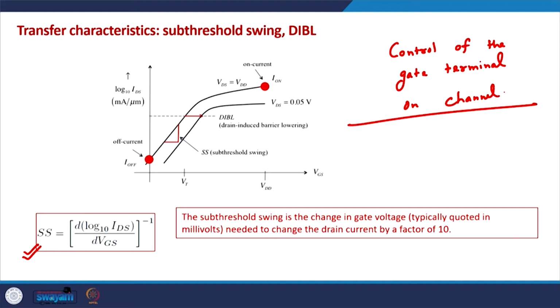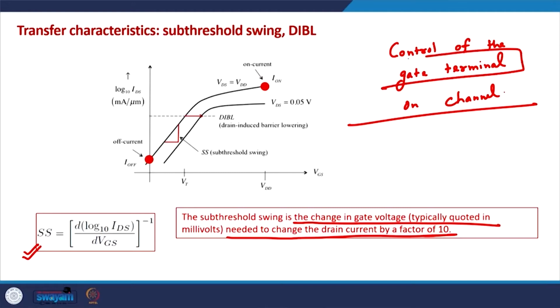If we need less gate voltage to change the drain current by a factor of 10, it means that only a small change in the gate voltage is changing the current in the channel abruptly, and it means that the gate terminal has better control on the channel.